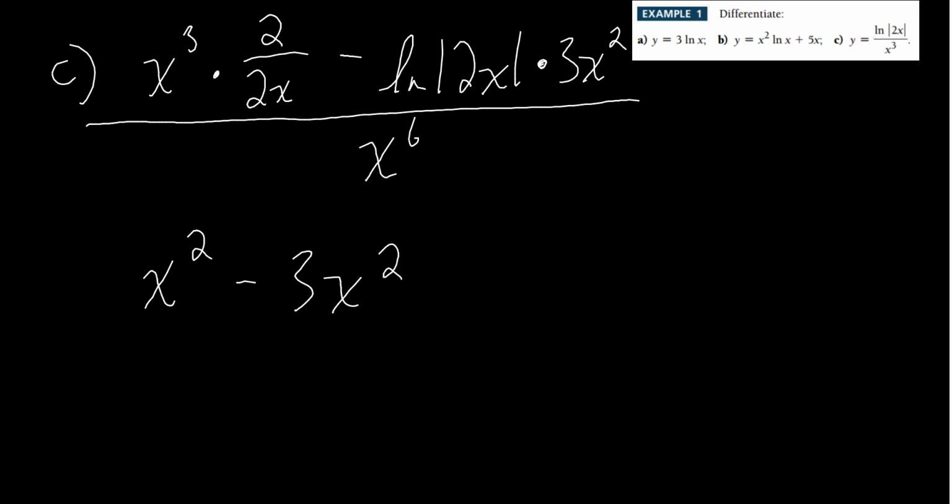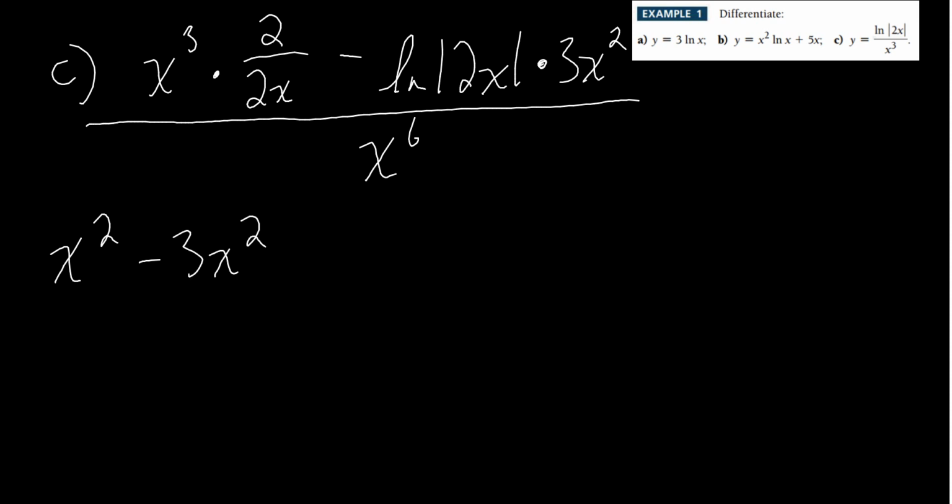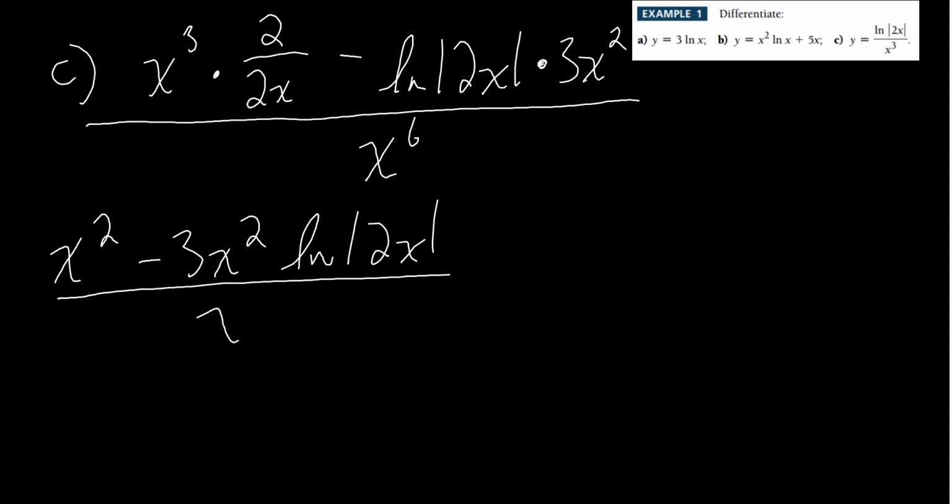It looks like we can factor out an x squared, so maybe let's actually write that a little smaller because I'm going to be factoring some more. Okay. And then, as mentioned, it looks like I can factor out the x squared in my numerator. And so I'm going to factor out the x squared.